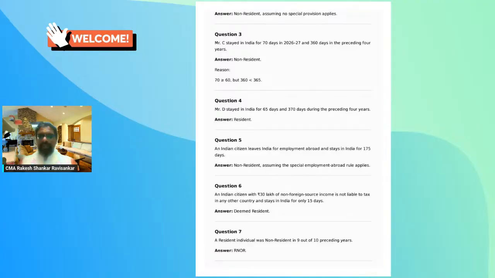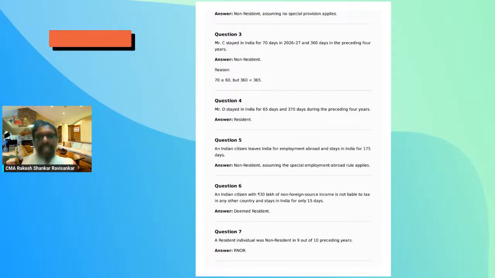What is the issue here? He has stayed for less than 365 days. The first part is satisfied, as he has stayed for 60 days or more. But the second part of 365 days or more is not satisfied here. So he automatically becomes a non-resident.